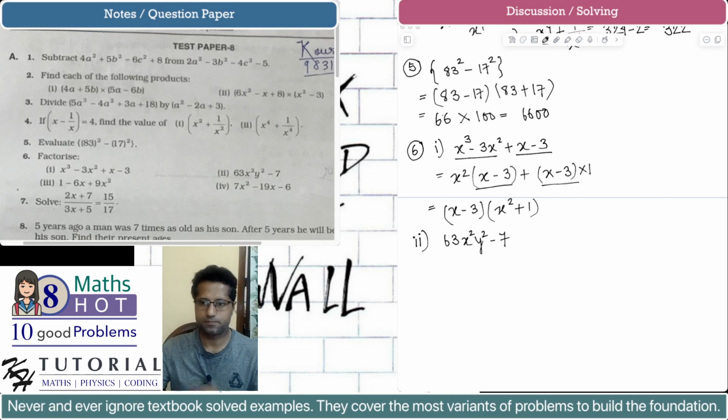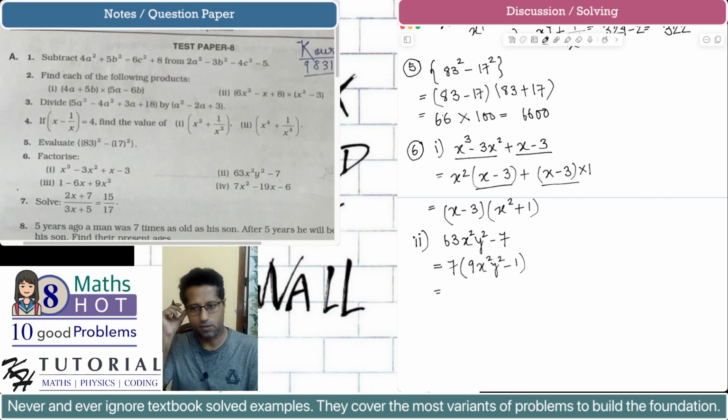Okay. Now we can see that this is a binomial. It has two terms, and both the terms have a common factor of 7. So we can factor out 7 from both the terms, and we get 9x square y square minus 1.